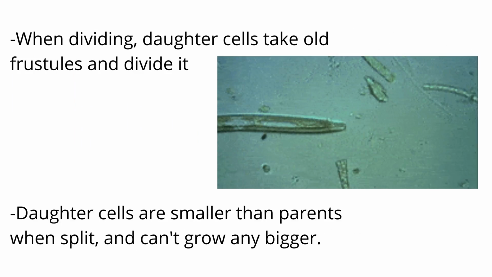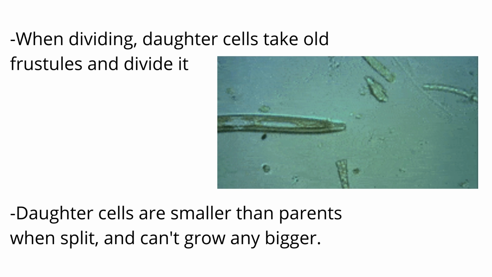Now we will talk about how diatoms reproduce. First, a diatom replicates one of its frustules. After generating a new frustule, the parent diatom keeps the new one and discards the old one. The old one is taken by the daughter cells, which split that frustule and create their glass shell using the parent's old frustule.